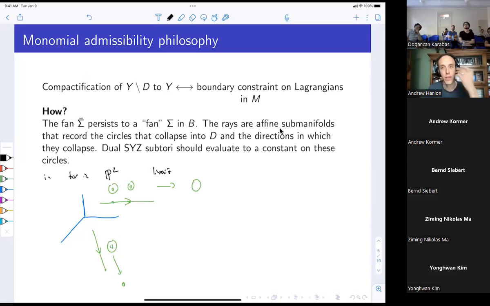So that's on the Y side, not on the M side? This is on the Y side. This is not in M yet. Nothing is in M yet. So far I'm just talking about what happens on Y. And then the straight lines should be in the momentum polytope. That's dual.